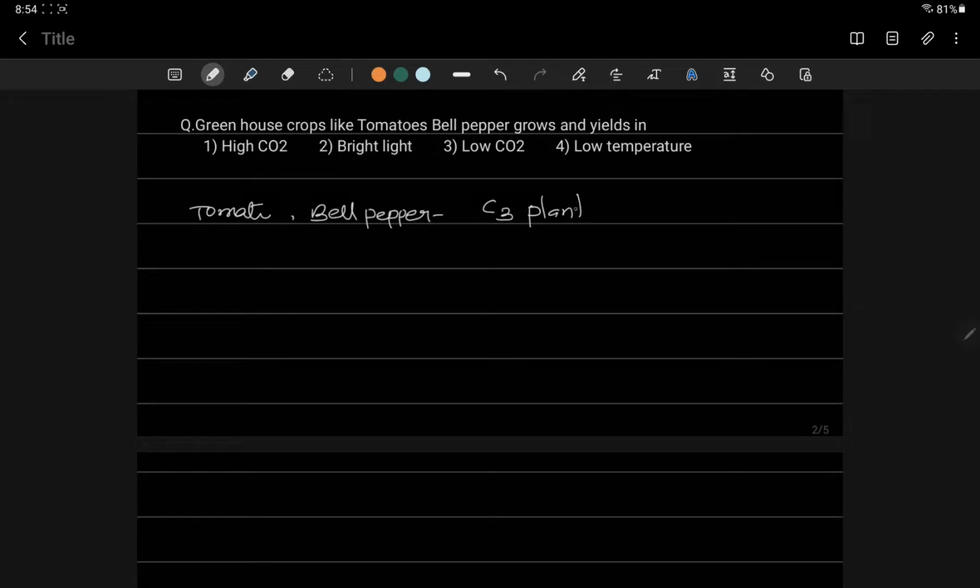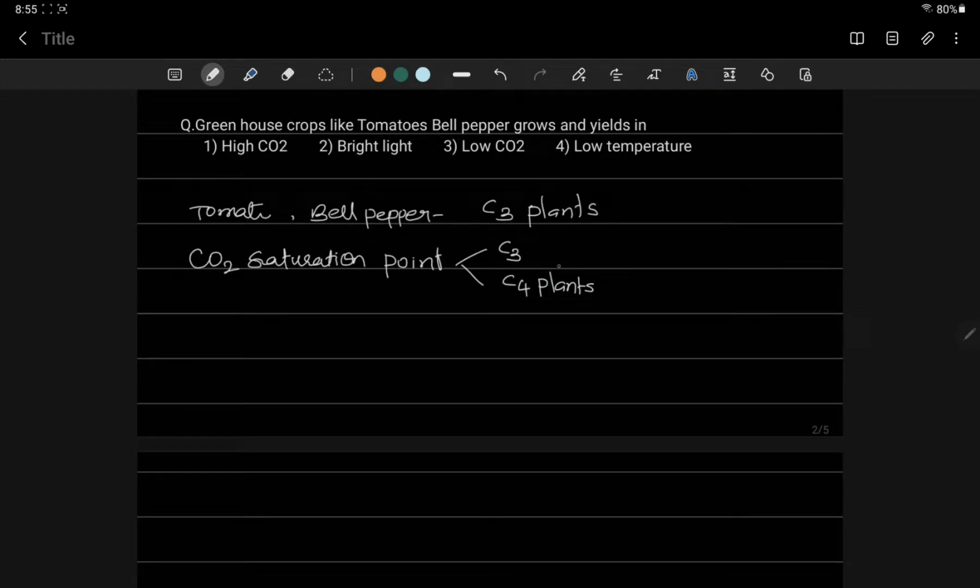So, C3 plants, C4 plants vary in their CO2 saturation point. CO2 saturation means the maximum CO2 level required for increasing the yield is called CO2 saturation point. So, CO2 saturation point is not the same for both C3 and C4 plants.